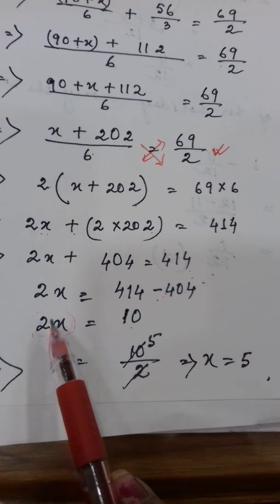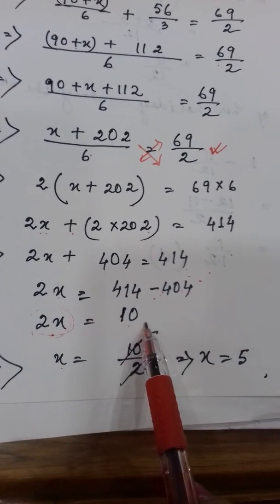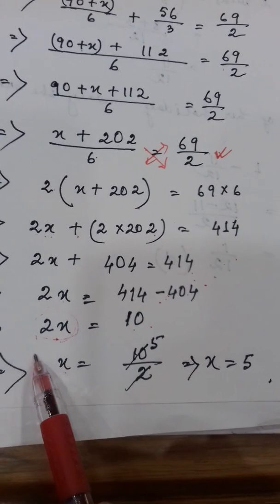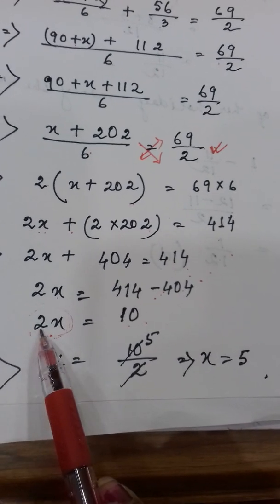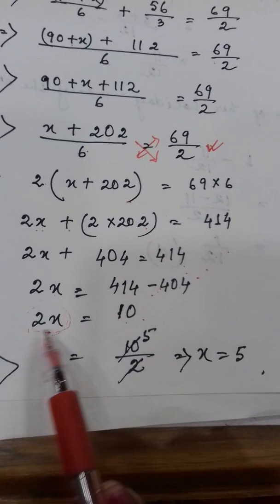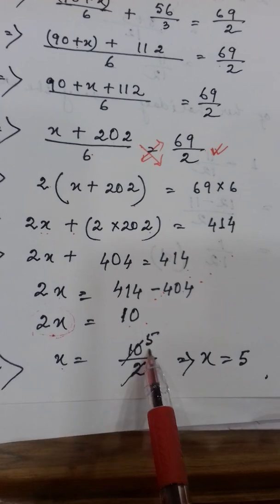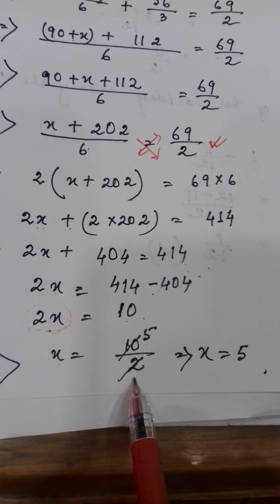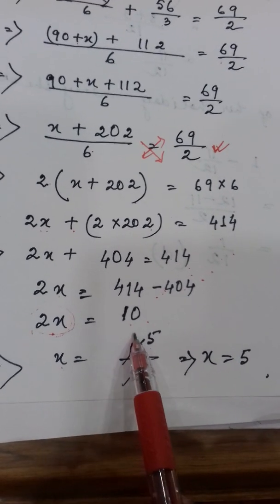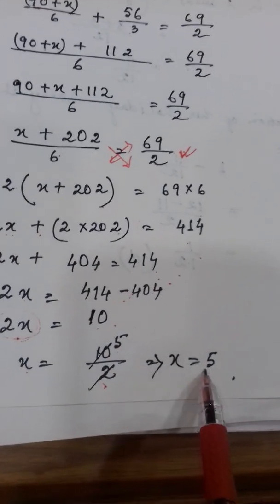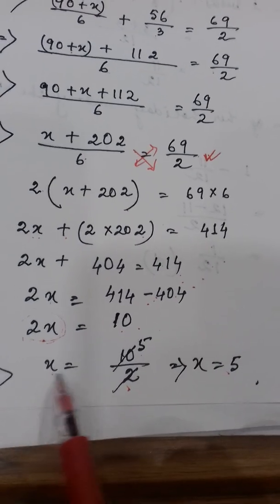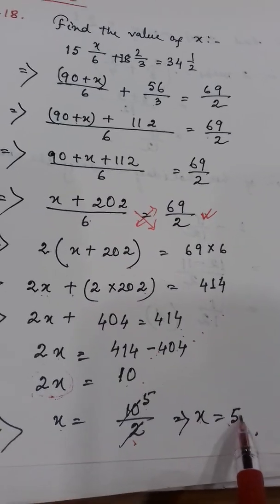Same way, multiply when you change the side it will be divide, and divide when you change the side it will be multiply. Now as this 2 is multiplied with x, when you change 2 to the right hand side it will be divide. Clear? That means 10 by 2. If you simplify it, it will come to 5. That means the value of x is 5.